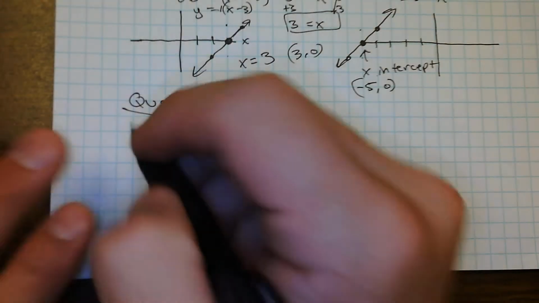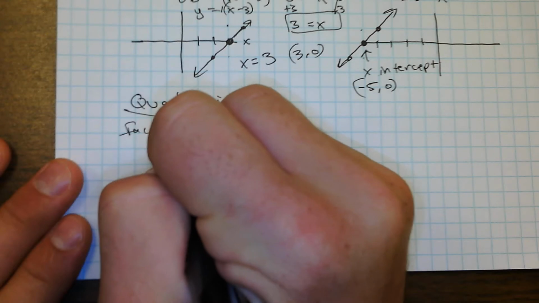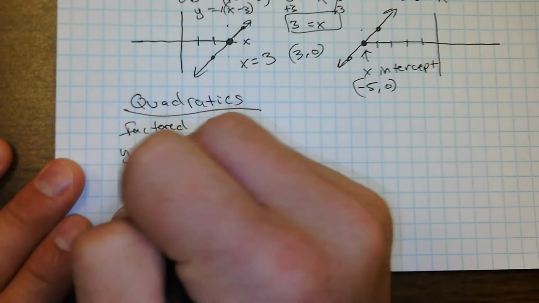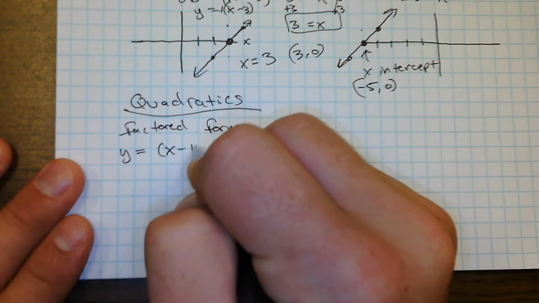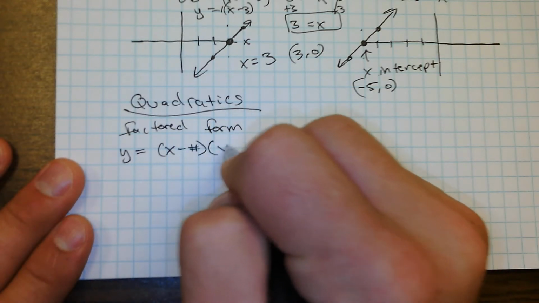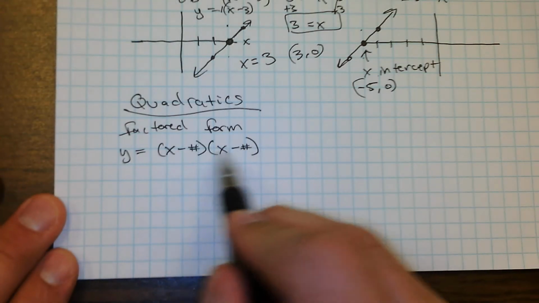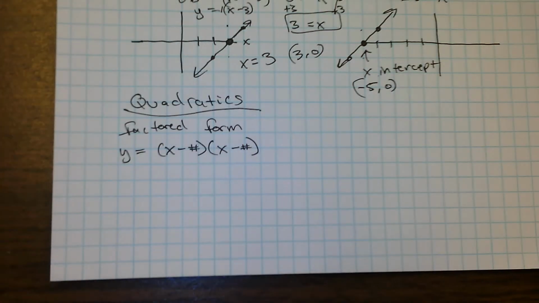For quadratics, we're going to look at something called factored form. It's y equals x minus a number times x minus a number, where those two numbers are your x-intercepts.